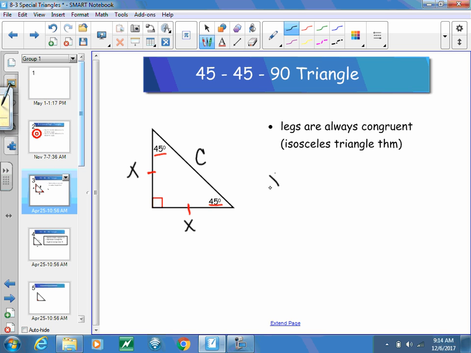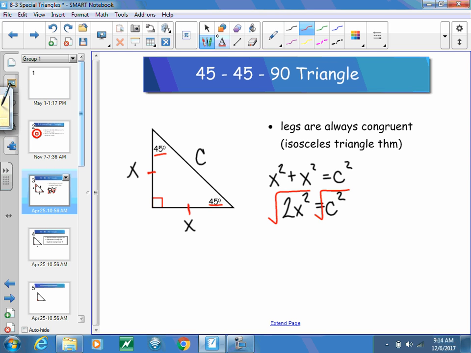If the Pythagorean theorem says that a squared plus b squared equals c squared, then x squared plus x squared equals c squared. X squared plus x squared gives us 2x squared equals c squared. Since I'm solving for c, I can go ahead and take the square root of both sides.